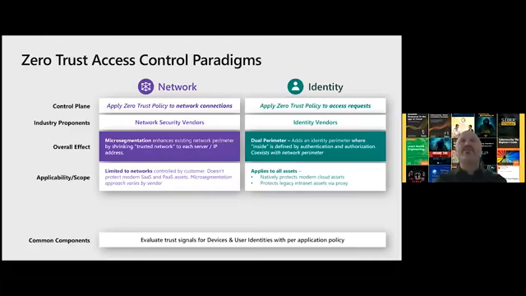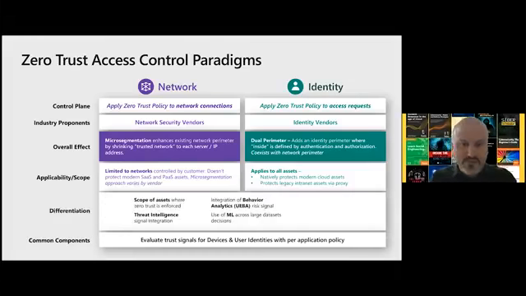It is limiting the connections as a result, improving the security. The differentiation here is going to be having a scope of assets where zero trust is enforced. Of course, it's really important to have proper threat intelligence signal integration.